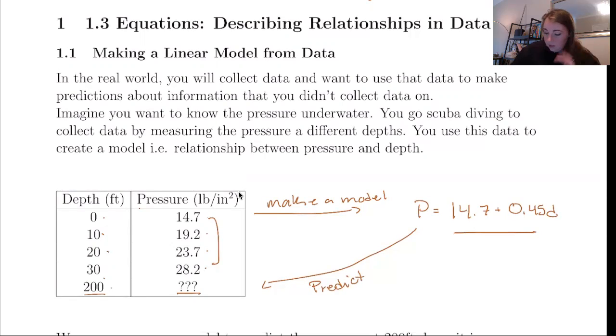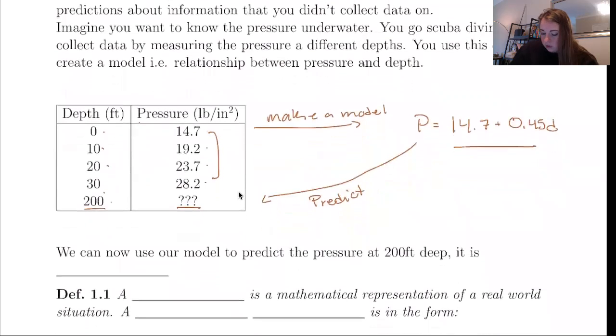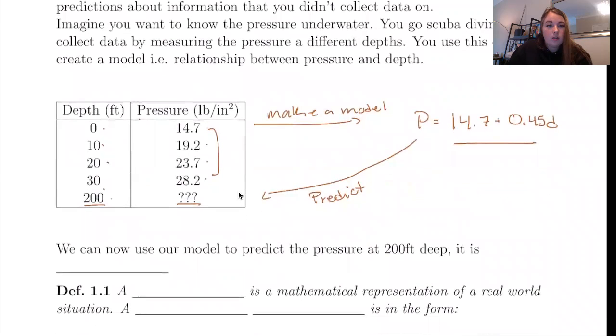Okay. So if P is pressure and D is depth, in mathematics it's pretty common to name your variables the first letter of what they're describing. It really keeps everything pretty succinct. So we can now use our model to predict the pressure at 200 feet deep, right?